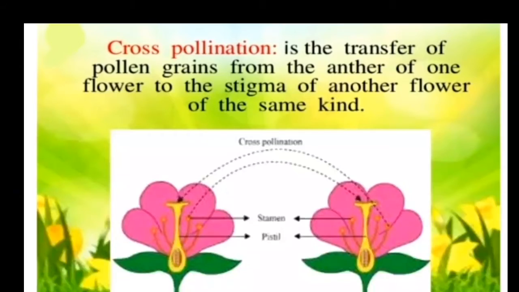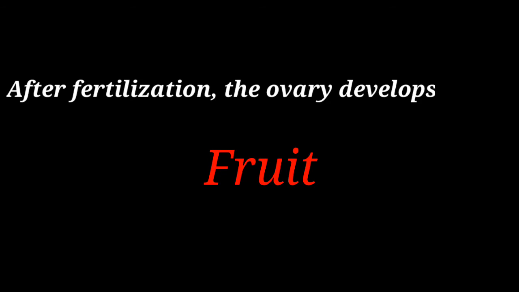Then cross-pollination. Cross-pollination is the transfer of pollen grains from the anther of one flower to the stigma of another flower of the same kind. After fertilization, the ovary of the flower develops into fruits.